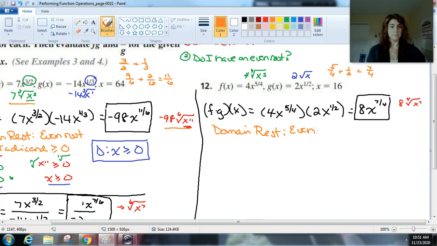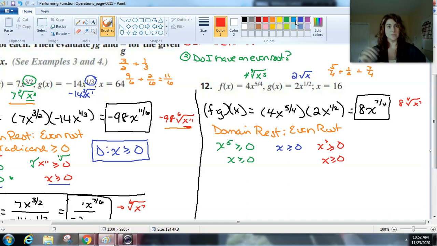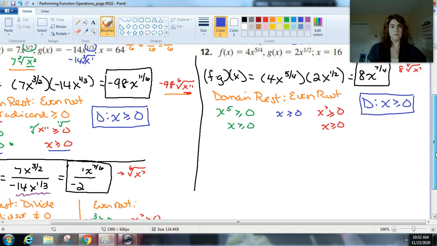But if you want to go through them all, we can. x to the 5th greater than or equal to 0, well, that's still x greater than or equal to 0, no matter what I root it. 2 square root of x, well, x is greater than or equal to 0, done. And then the one over here, 4th root of x to the 7th, x to the 7th has to be greater than or equal to 0, still greater than or equal to 0. So since all 3 of those came out identical, I know my domain has to be x greater than or equal to 0. Okay, now our division.